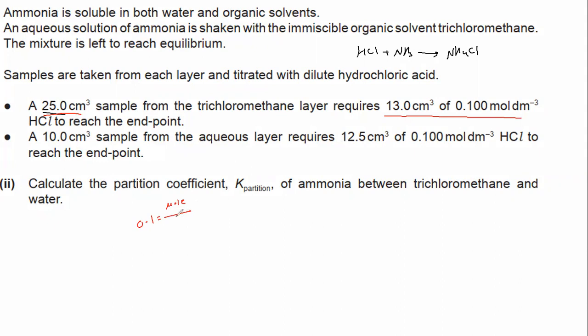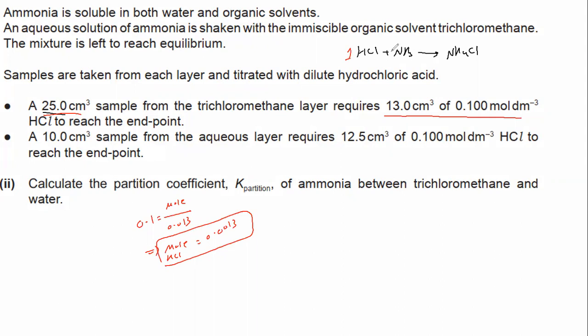Its volume will be 0.03. We divide by 1,000 to convert to decimeter cubic. This will make the moles of HCl equal to 0.0013. This is the moles of HCl required to react with the moles of NH3.